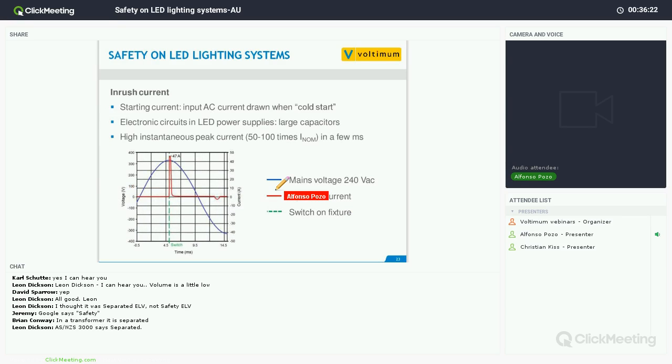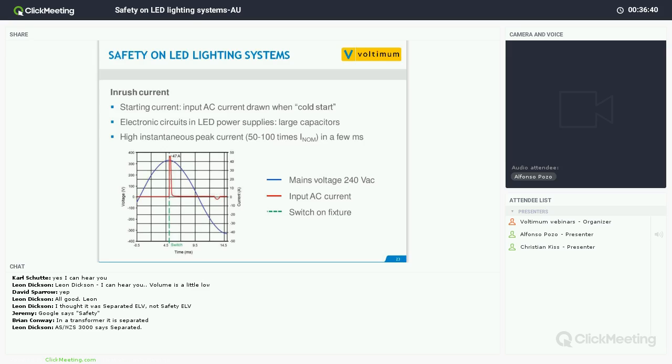Well, now moving on to inrush current, which is another important issue with LED lighting. First of all, a bit of a definition of inrush current. It's also known as starting current.